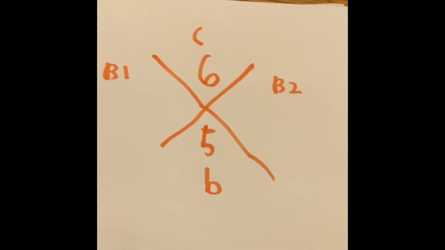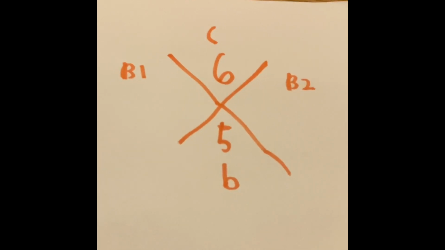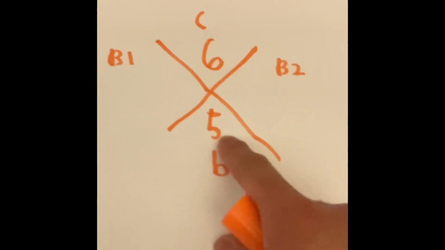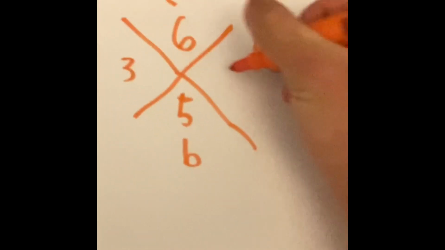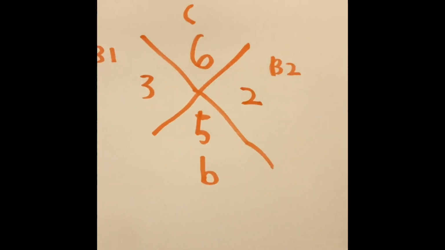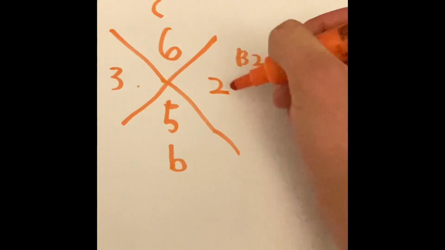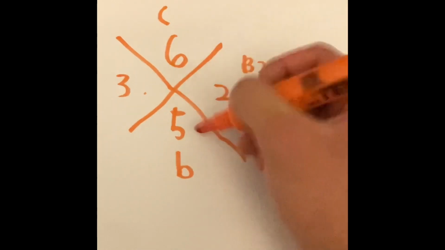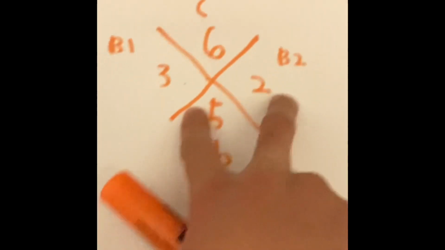So I guess you probably paused this video. What two numbers can be multiplied to 6 and added up to 5? Well, there is 3 and 2 that can do that. 3 times 2 equals 6, but 3 plus 2 equals 5. So 3 and 2 will work.